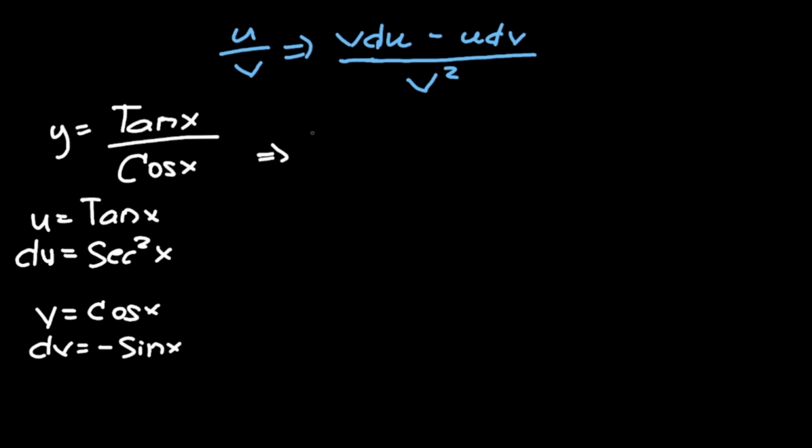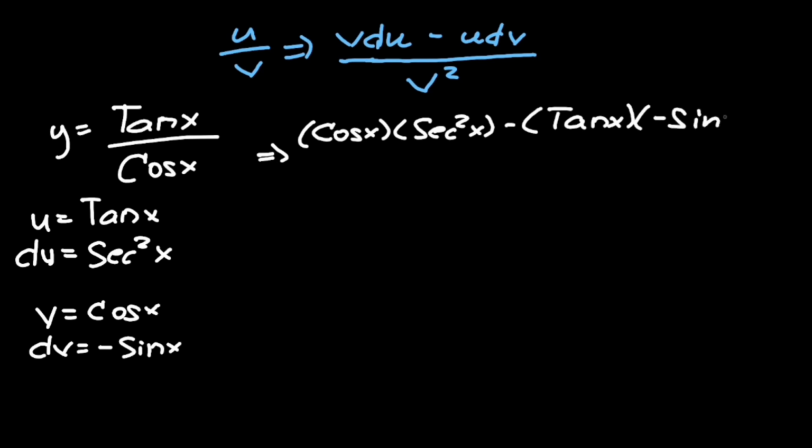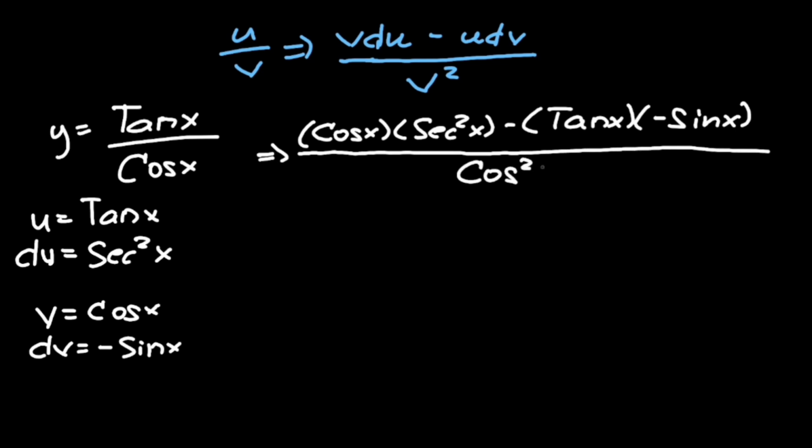Now solve this, you will get cosine of x multiplied by dU, which is secant squared x, minus U, which is tan x, multiplied by dV, which is negative sine of x, over V squared, which will be cosine squared x.